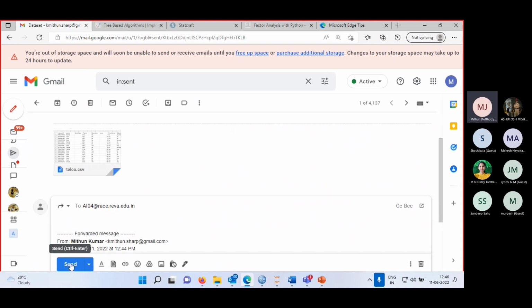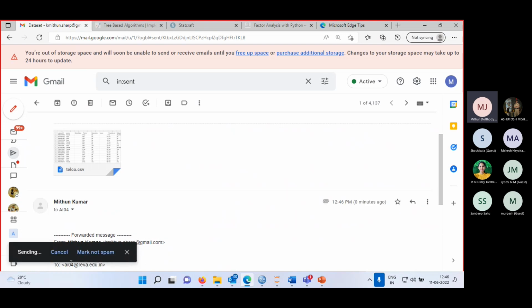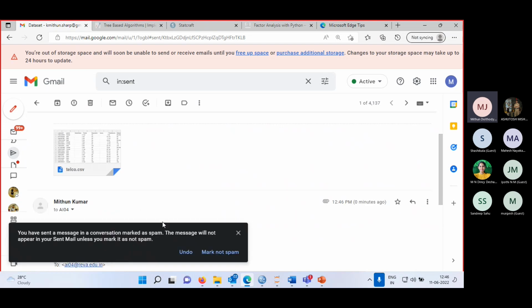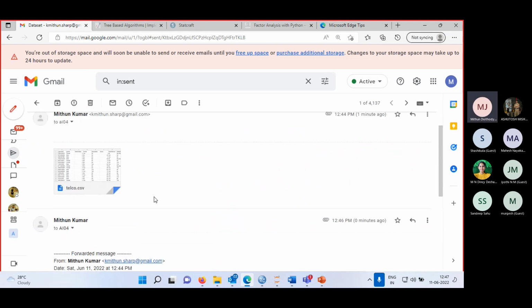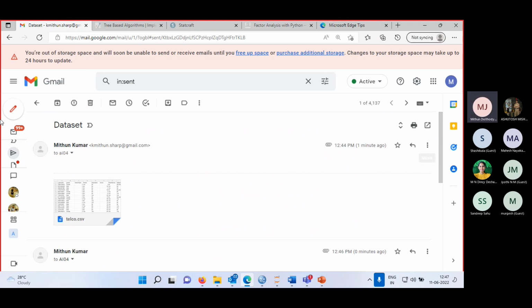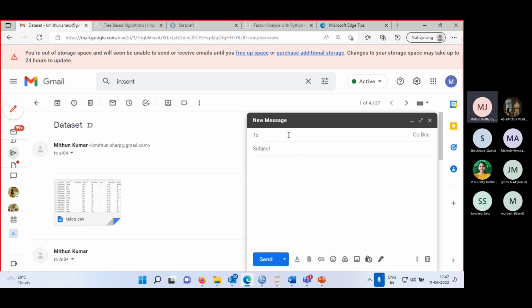Race.reva.edu.in, correct? Is it correct, sir? Race.reva.edu.in, this is sending. But for me, it's showing this one. For me, it's AI04 at the rate reva.edu, but AI is capital, I don't know. Try sending on this.